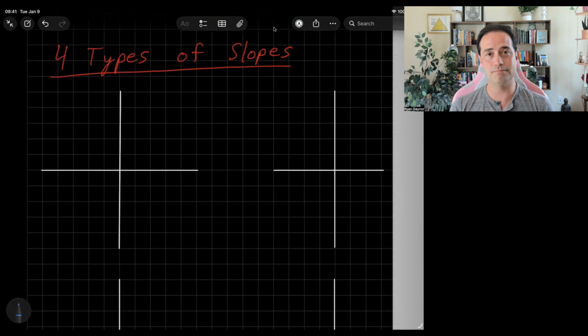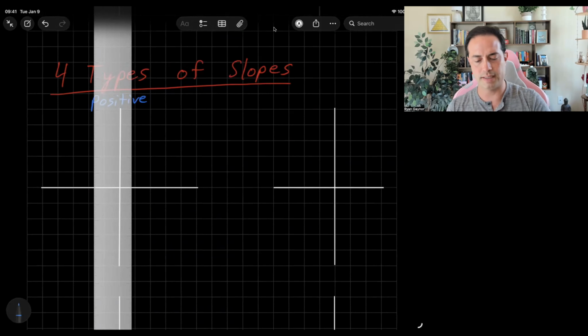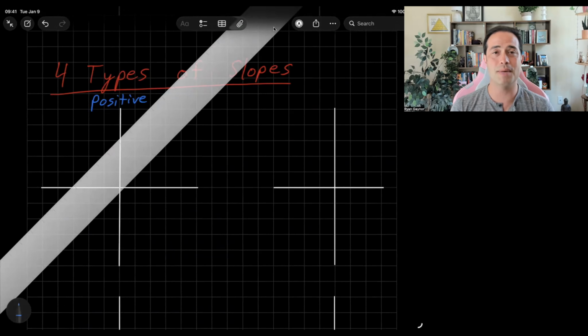So let's talk about the first. The first one is positive. Okay, so it'll look like this. When I'm looking at my graph, and this is really important, when you're looking at a graph for lines, you want to look left to right, okay?